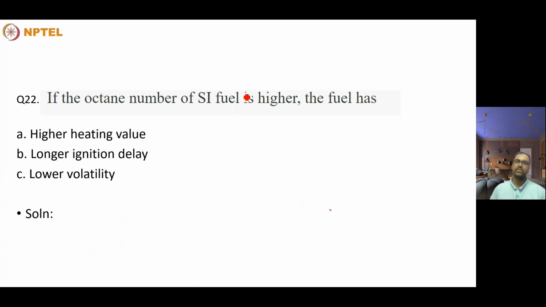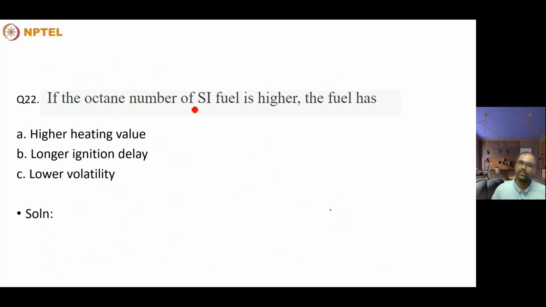It should start the auto ignition quickly. But here, the fuel should be having sufficiently high auto ignition temperature to prevent the self ignition.